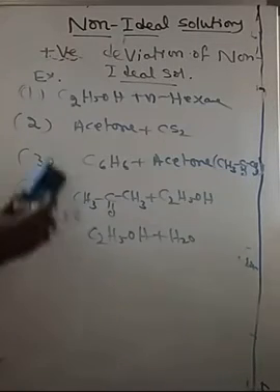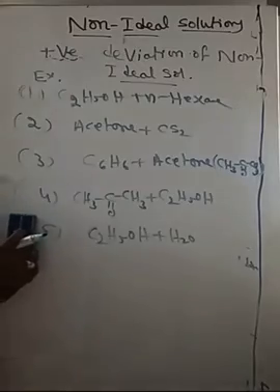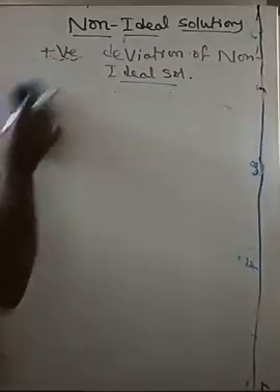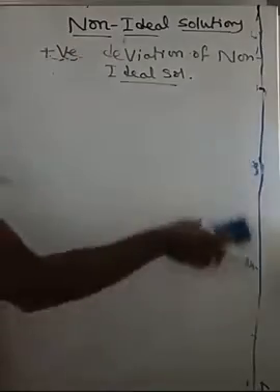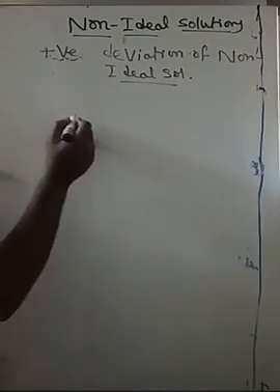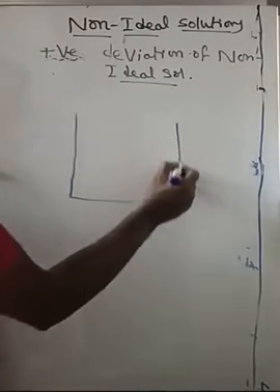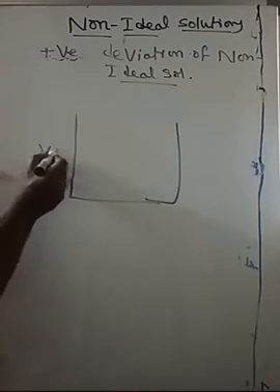Now we show a graphical representation for positive deviations of the non-ideal solutions. So now we are showing the curve representation, vapor pressure versus temperature.